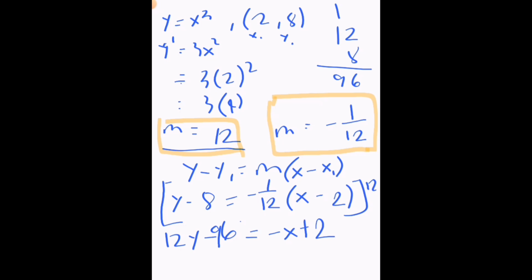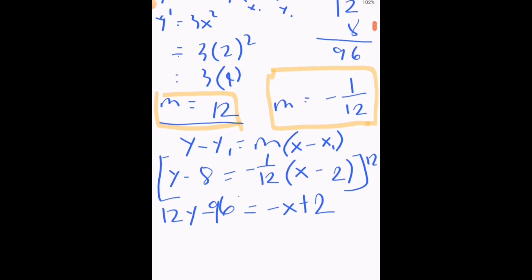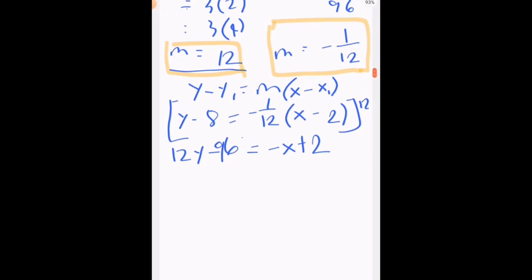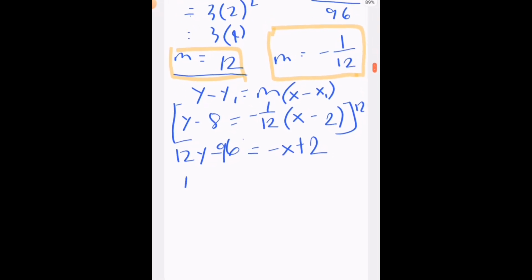Next, we will move negative 96 from the left side of the equation to the right side by the additive inverse property. So we will have 12y equals negative x plus 2 plus 96. So we get 12y equals negative x plus 98.